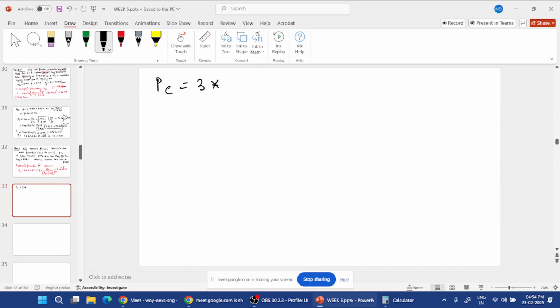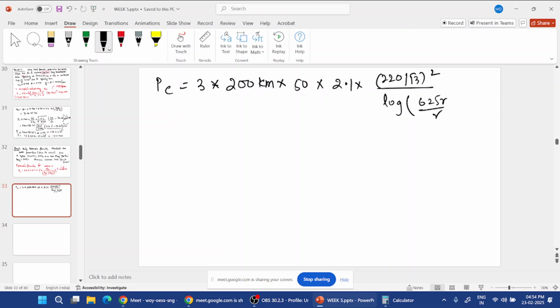Length is given as 200 kilometer, into F is 50 hertz, into 2.1, into V phase is 220 divided by root 3 whole square, log of D, which is 625 R divided by R, whole square, into corona loss function which is 0.05 into 10 raised to the power minus 5.